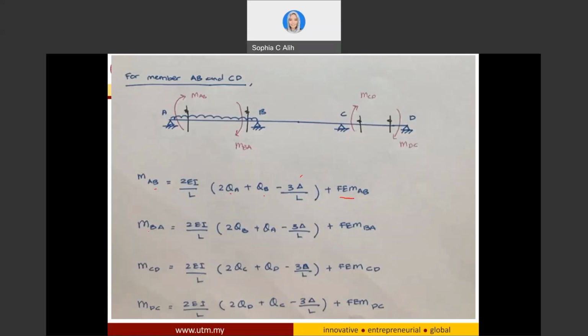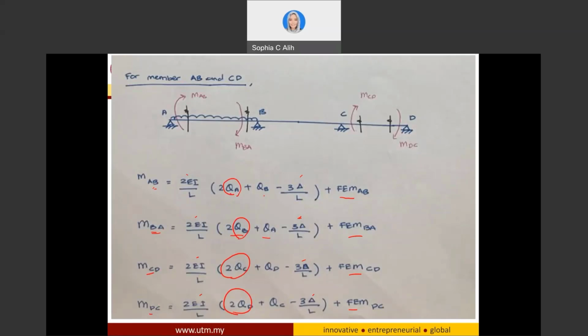If it is end moment of BA, then you will have 2 theta B plus theta A. Everything is the same. Okay, so all these are the same. And this one depends on the loading condition between these two points. Only this one is going to depend on the end part over here. Okay, so 2 theta B when it is from B end, 2 theta C when you're looking at the C end, and 2 theta D when it is for the end moment from D end.